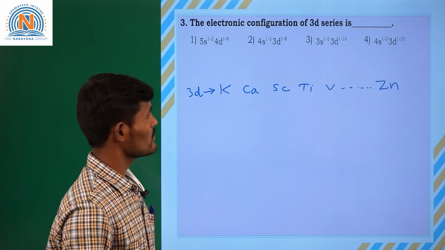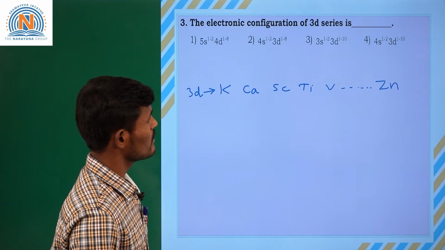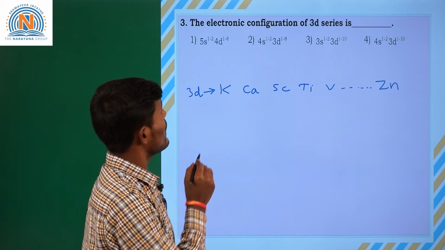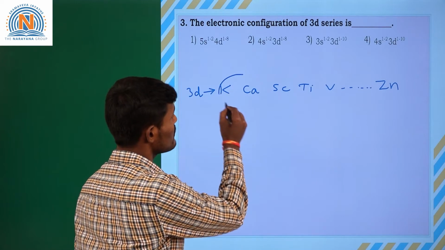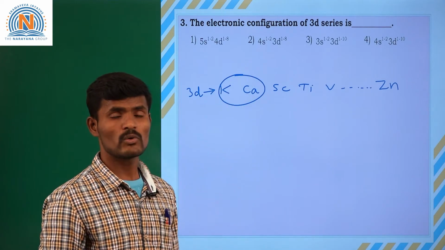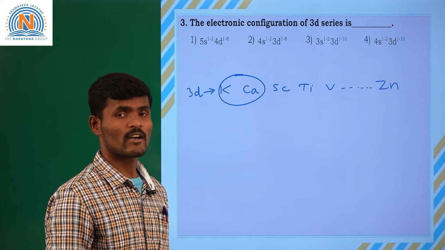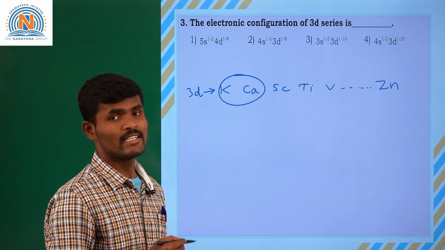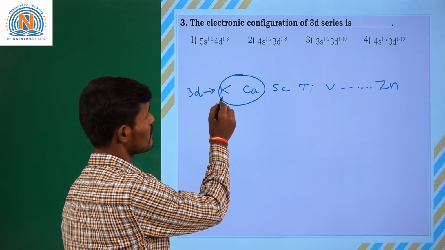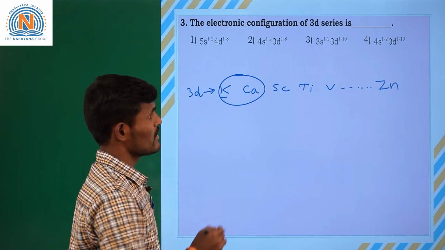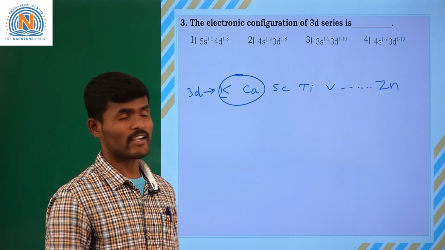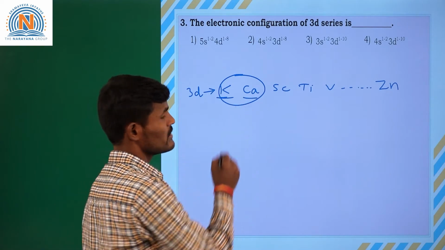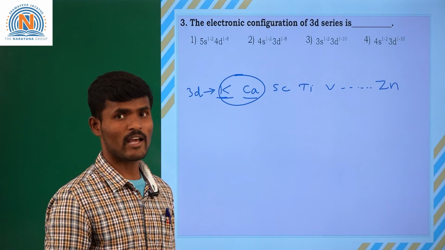Potassium, calcium, scandium, titanium, vanadium. The electronic configuration of 3d series. But here potassium and calcium, these two elements don't come under the 3d series because potassium and calcium are present in the s block elements.